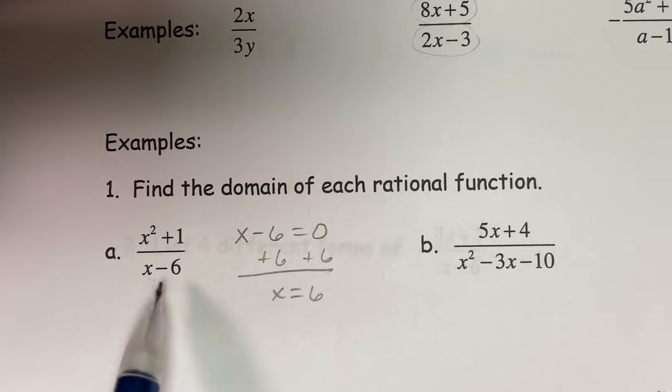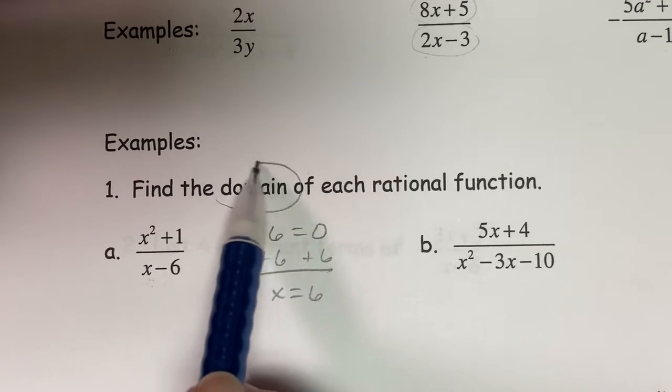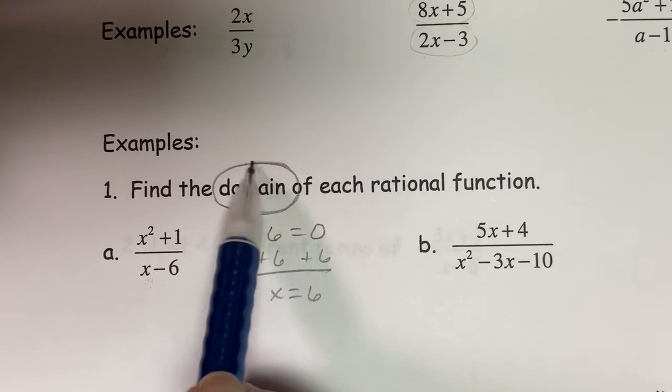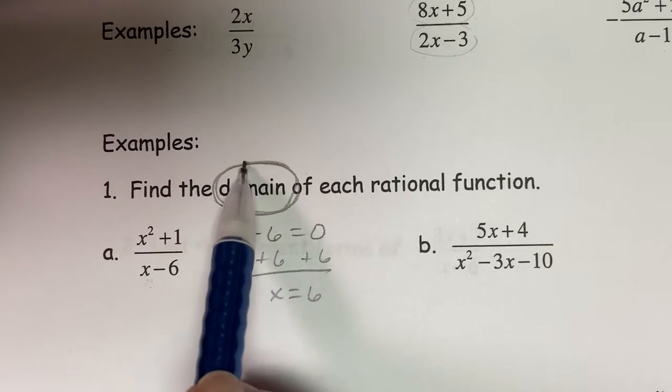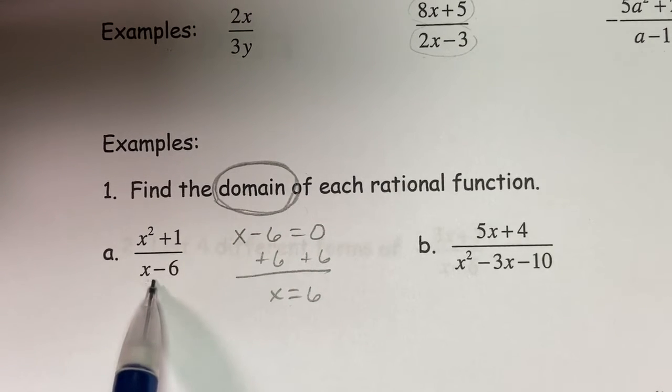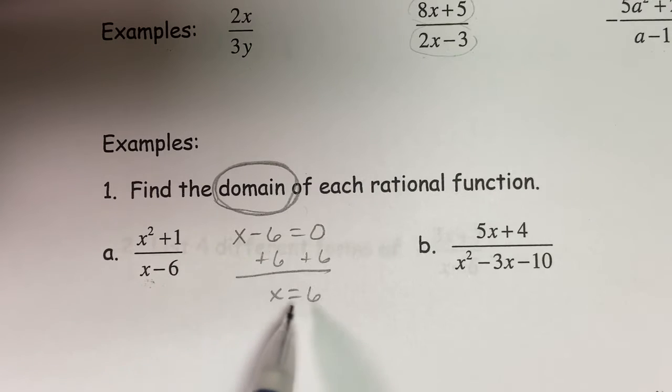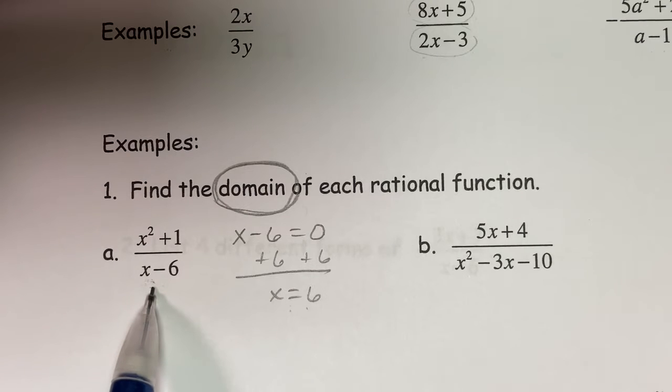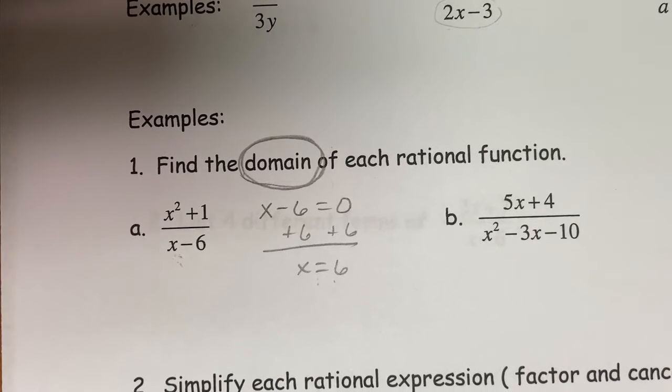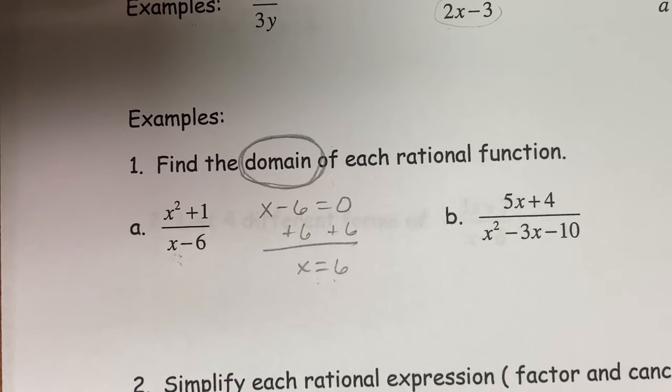So what does that mean for the domain? Remember, the domain is the set of all of the x's that can be plugged in to my expression. So the domain would be every number except for positive 6, because 6 is the one number that could be plugged in there to get me a 0. How would I write basically all real numbers except for 6?